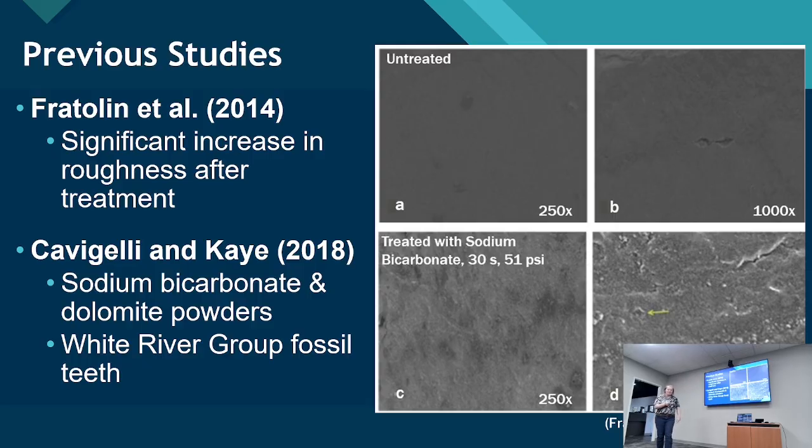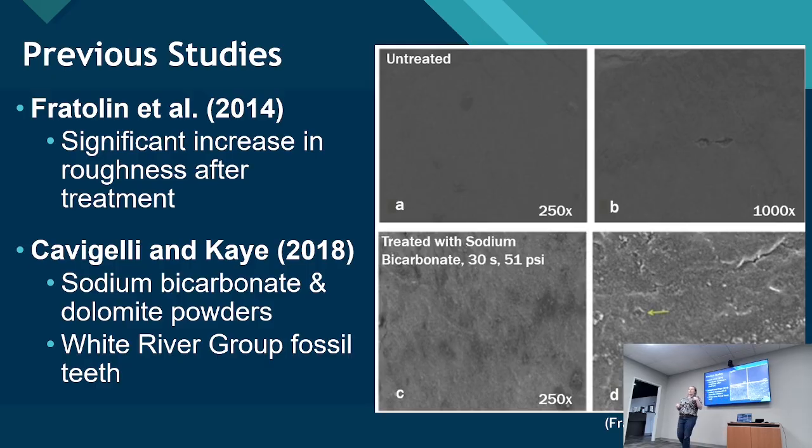So in the dentist realm, they actually have done quite a bit of studies on this. So Vertalen et al. in 2014 actually did this study where they treated teeth with air abrasion for 30 seconds at 50 psi and basically found that it does roughen up teeth.